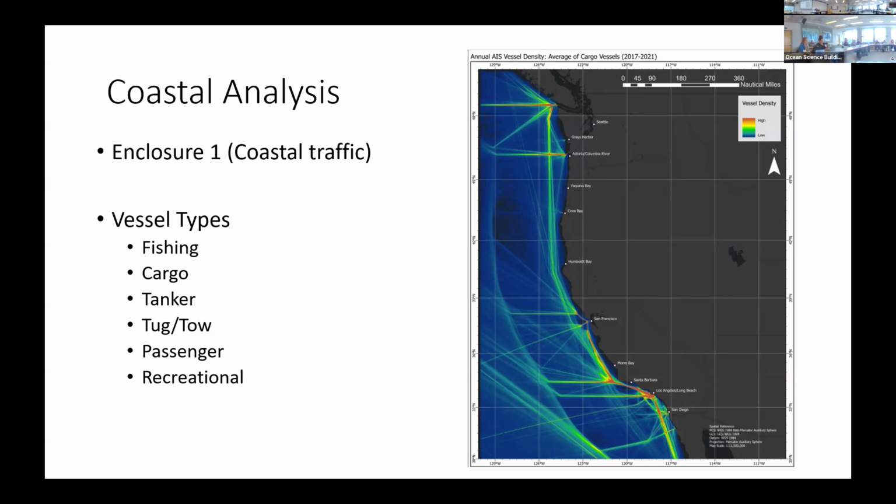But also you can see there's significant vessel traffic right along the West Coast of the United States, all the way from the Canadian border down to the Mexican border, showing that historically those vessels have been navigating those specific traffic patterns for a considerable period of time. And this is the analytics that we put into the process, but we also then incorporated a lot of the public comments and public outreach to different entities, such as harbor safety committees.